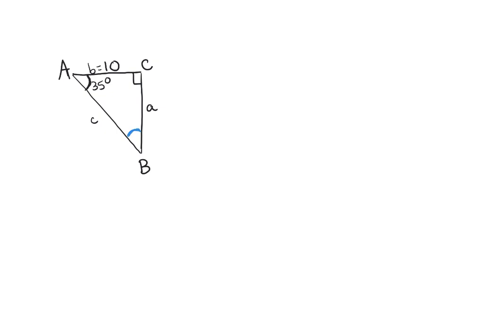I'm going to start with this angle. I know it's 90 degrees. 90 plus 35 plus angle B, three angles of a triangle have to add up to 180. So then B is going to be 55.